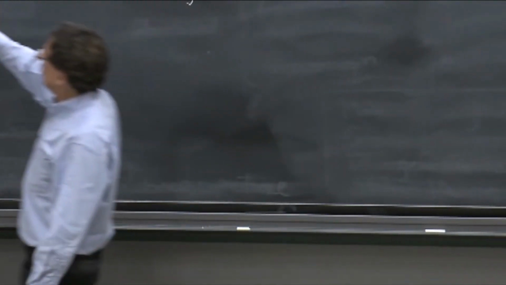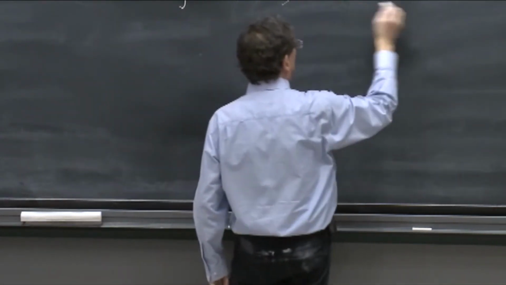And now the good thing about this is that this integral should be normalized to 1 to make sense. And it's a great thing that the time dependence drops out.